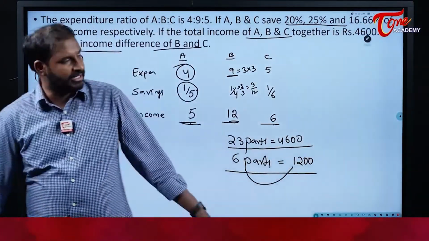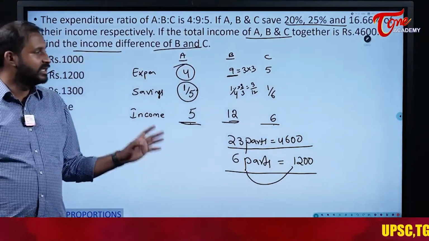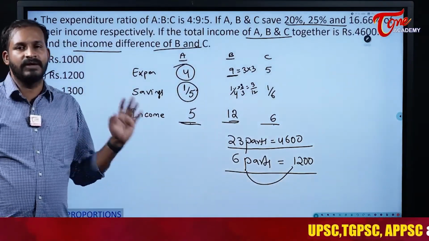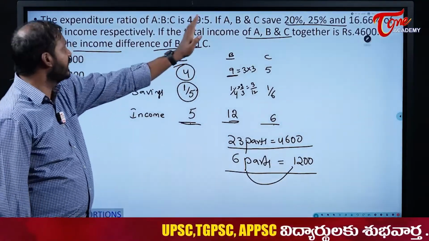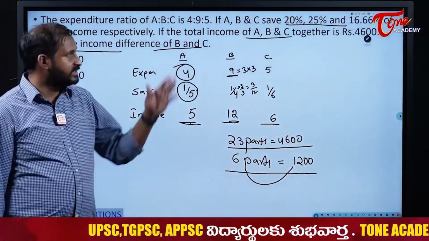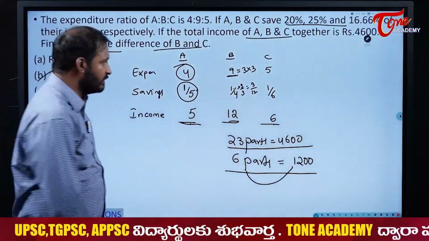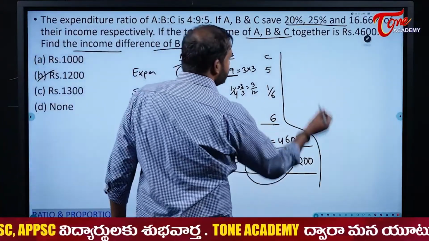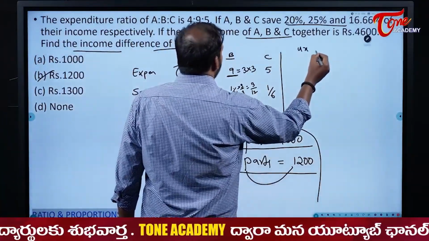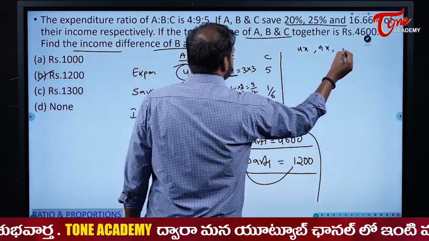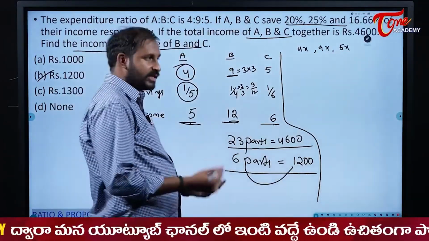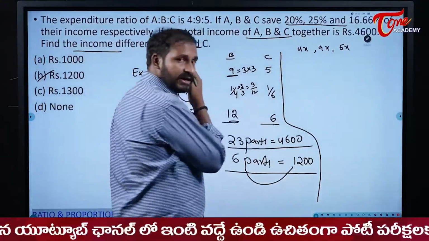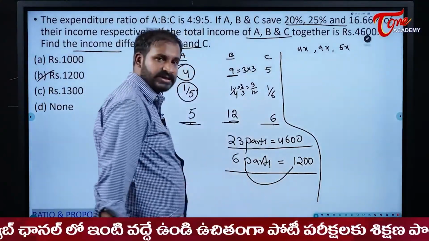6 parts becomes 1200. If you don't know this shortcut, students, definitely it will take a lot of time for you to solve the same question. You will take expenditures as 4x, 9x and 5x, and savings also you will take some other value. Savings is 20%, 25% and 16.66%, right?